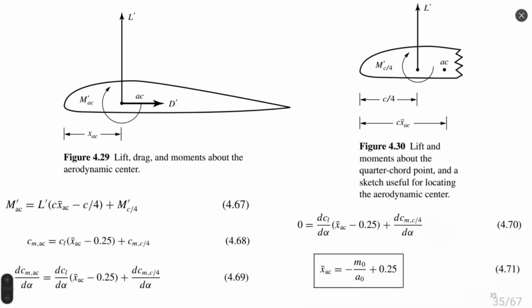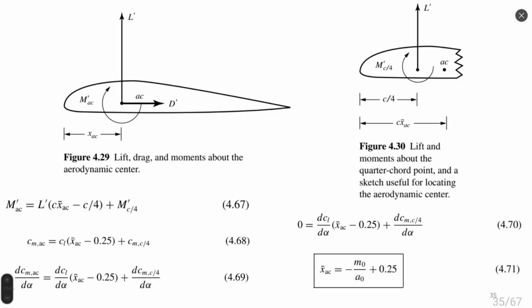Aerodynamic center is the point at which we have lift and drag forces applied, so reaction force, right? And moment we know can also be calculated. Aerodynamic center is different from center of pressure. Center of pressure is just a point at which pressure forces are concentrated, and the aerodynamic center also deals with friction forces.